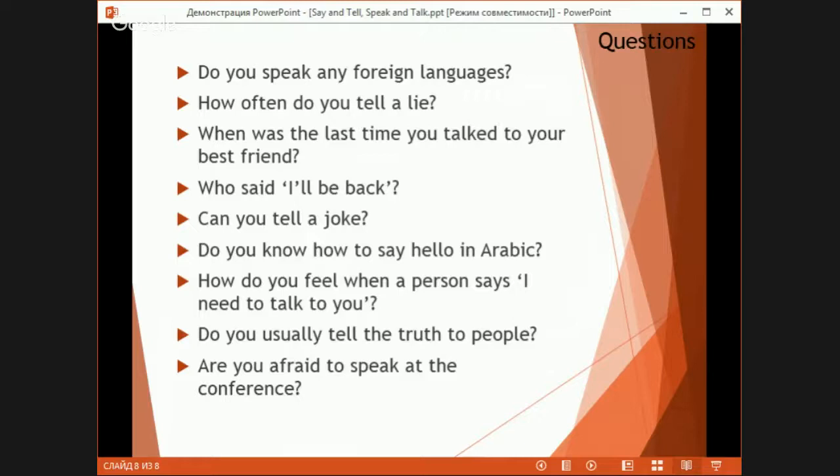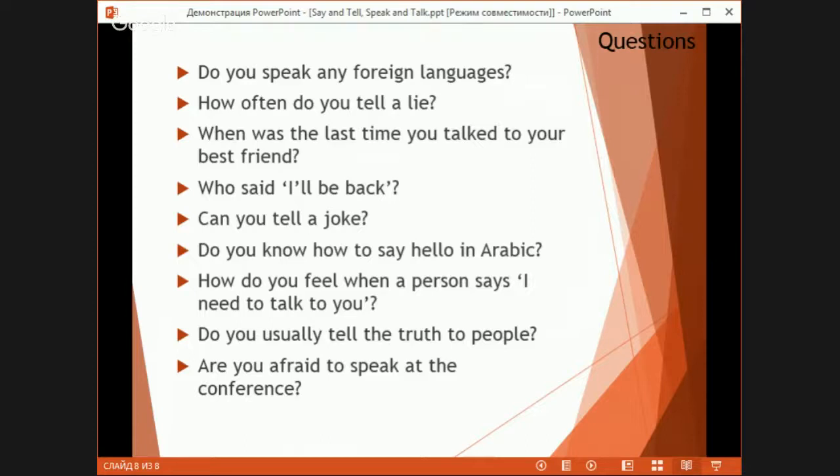Now I would like to look with you at some questions and I want you to think how to answer them. Do you speak any foreign languages? Like I speak English and German and Ukrainian and Russian. How often do you tell a lie? Like every day do you lie to someone? Or maybe not so often. When was the last time you talked to your best friend? Maybe on the phone or you meeting? Who said, I'll be back?